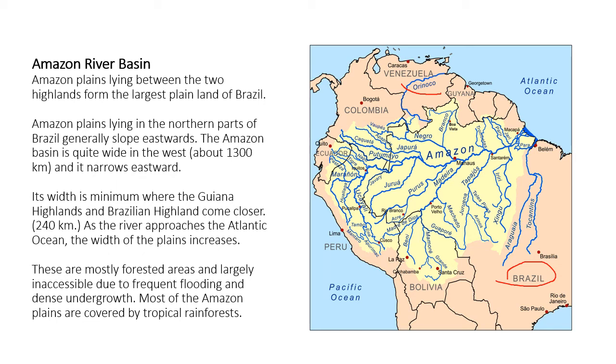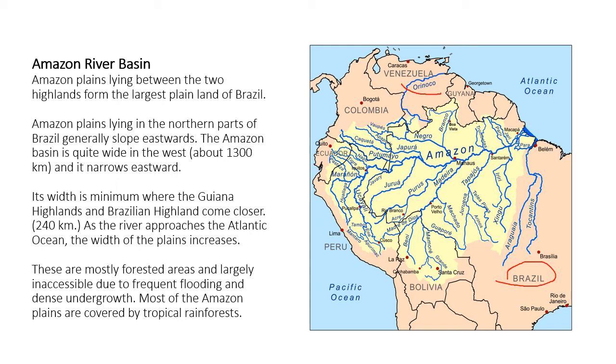This plain slopes eastward. The Amazon basin is quite wide in the west and it narrows eastward. Dear children, the width of these plains increases as one approaches the Atlantic Ocean.